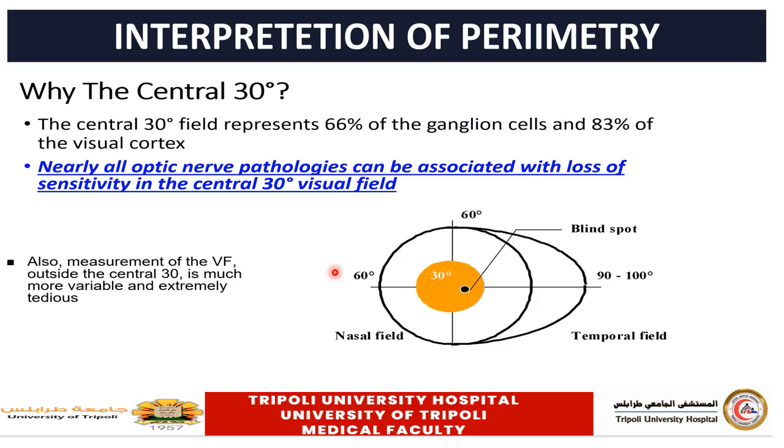What you need is just to know what test you are going to use and what strategy you are going to use. So don't be bothered about testing the areas beyond this range unless needed for very special cases. The other reason is that the central 30 degrees represents 66% of the ganglion cells, and it represents 83% of the visual cortex. So for any medical necessities, it is the central 30 degrees that you should concentrate on.